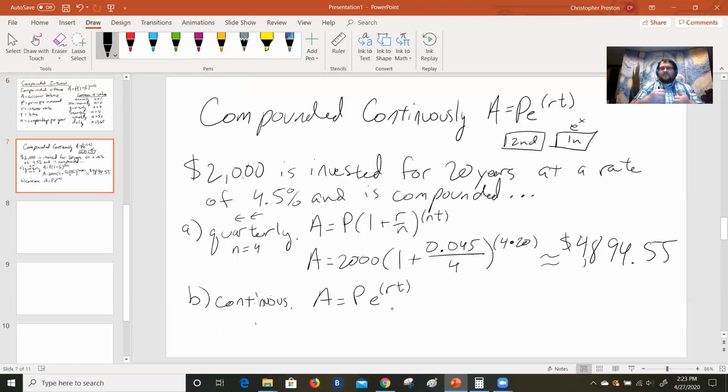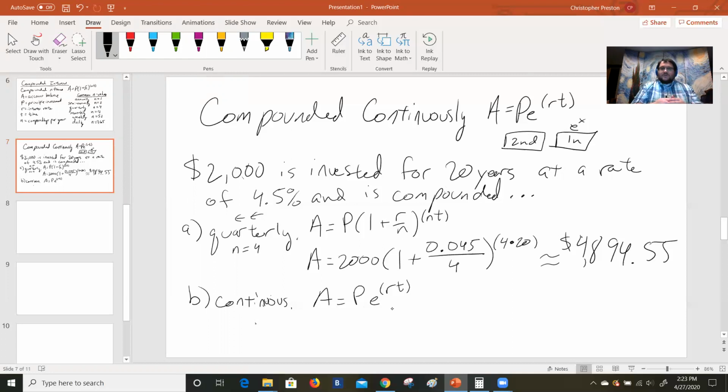So what happens is the more times you do it a year, the smaller percentage you actually use. The 4.5% is for the whole year. If I do it 4 times a year, you take that and you split it into 4 pieces, and you do that little percent each time. If you were to just pay off the interest, the whole year would be 4.5%. But it actually comes out to be a little bit more because of the compounding.